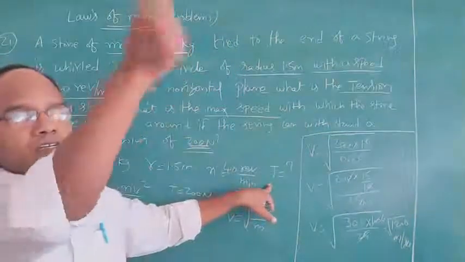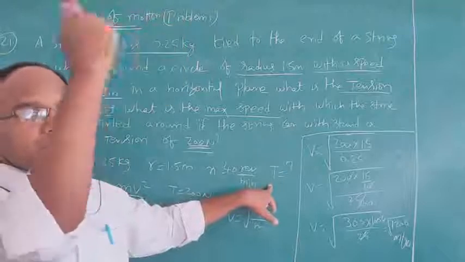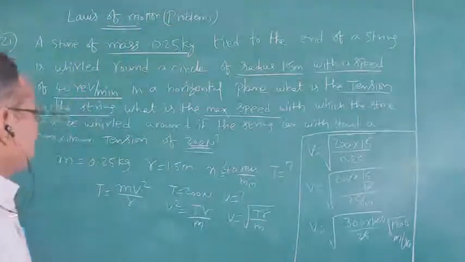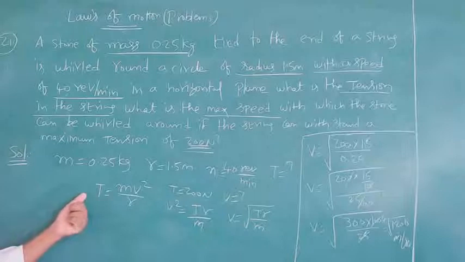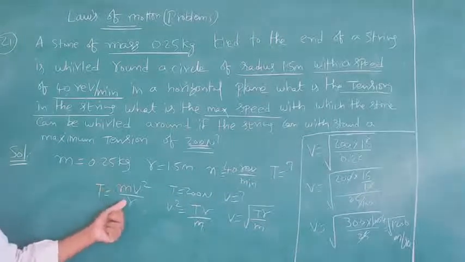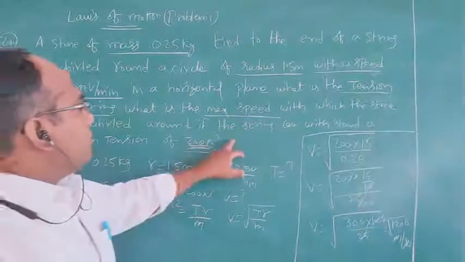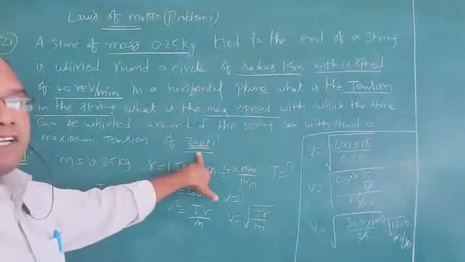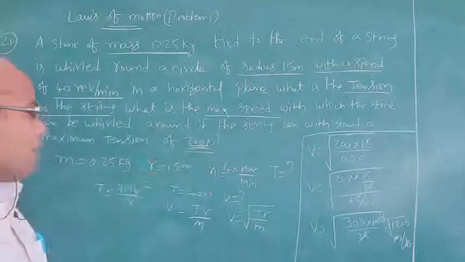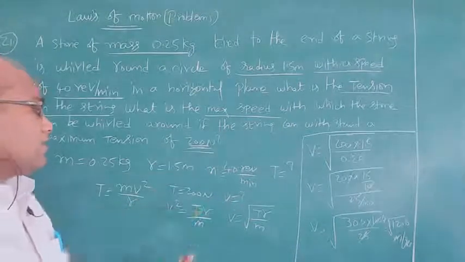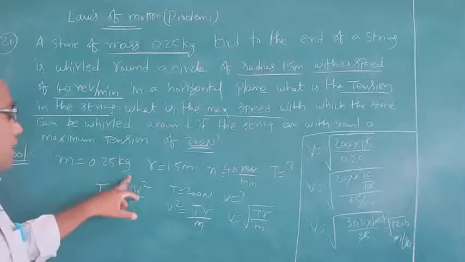So when they are circulating, it is nothing but centripetal force. So that is nothing but T, tension or force, is equal to mv square by r. By calculating, we can get the value. And next, by giving the tension 200 newtons, they are saying to calculate the velocity. So T is equal to mv square by r.